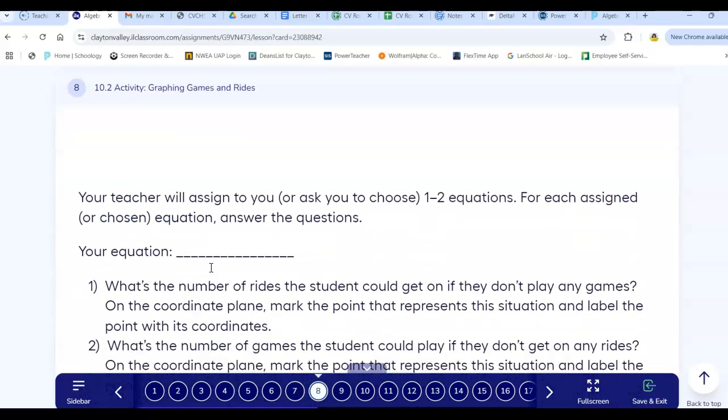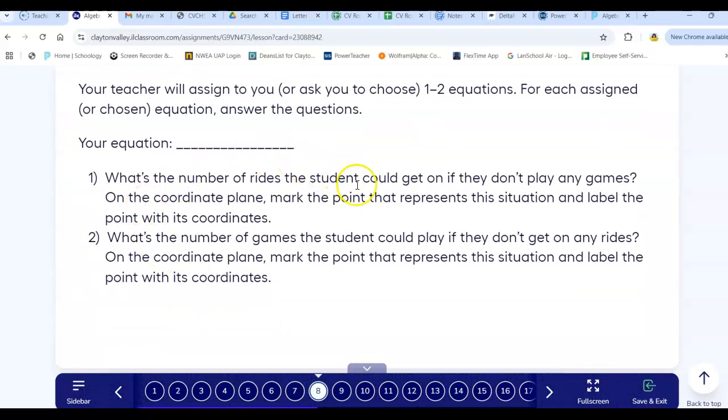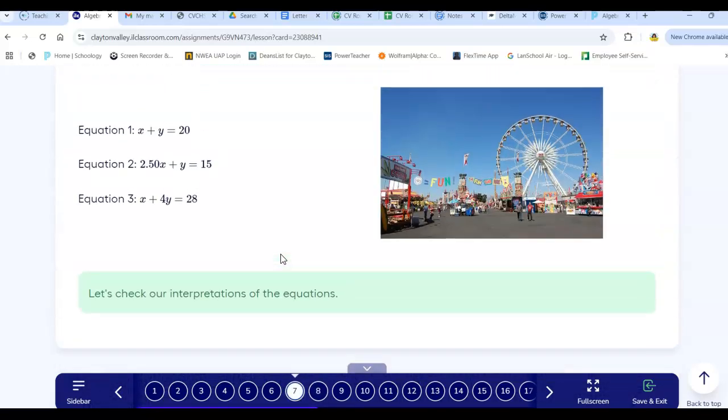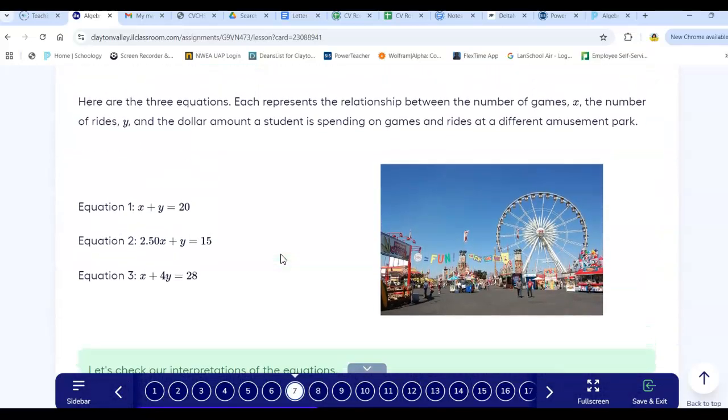And then they're going to ask you to figure some stuff out. So what is the number of rides a student could get on if they didn't play any games? So if they didn't play any games, that X would be 0, wouldn't it?